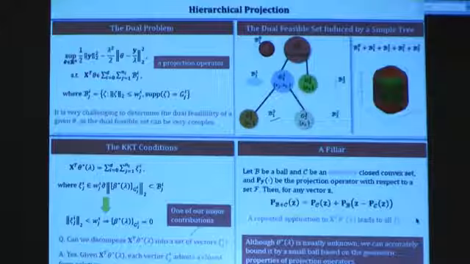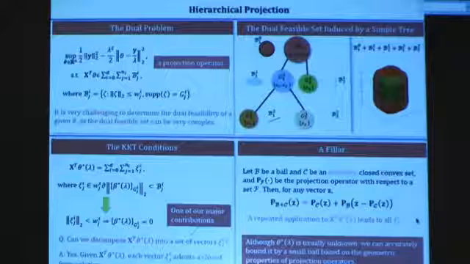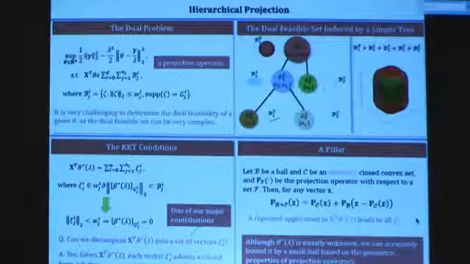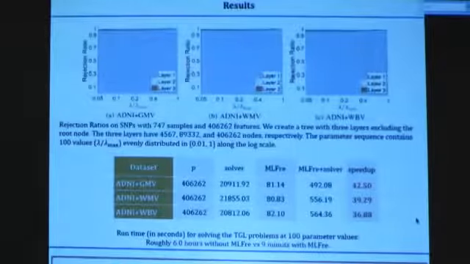One of our major contributions is that we show this decomposition problem admits a closed form solution by a hierarchical projection algorithm. A pillar to our result is that we show the projection onto the sum of 2 convex sets can be decomposed into the sum of the projections onto these 2 convex sets, respectively, if one of them is a ball.